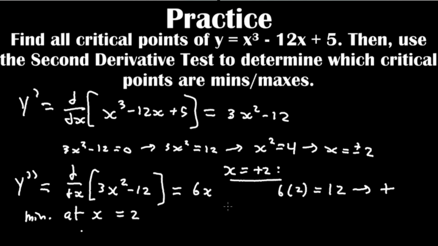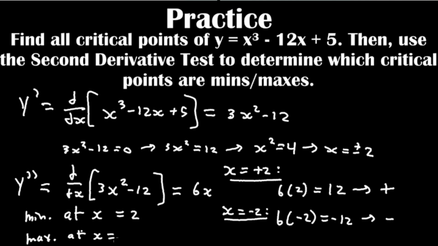Now, if we test x equals negative 2, 6 times negative 2 is negative 12. So our second derivative is negative at x equals negative 2, meaning we're concave down, which means that we'll have a maximum. So we'll have a local maximum at x equals negative 2.